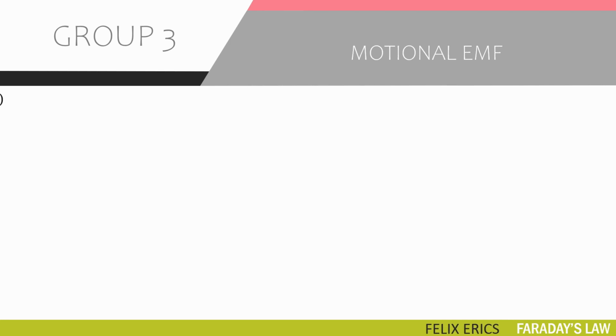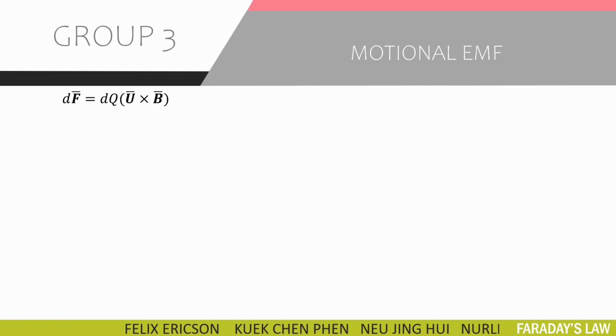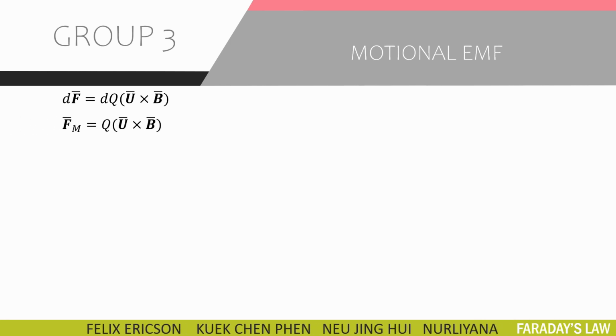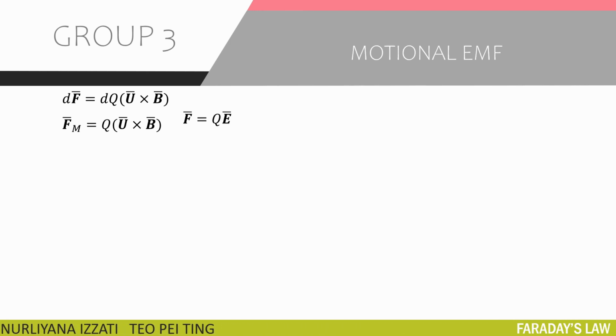To come up with the equation, first, we know that the magnetic force dF equals dq times the cross product of velocity and magnetic field. Then we have Fm equals q times the cross product of velocity u and magnetic field B. We also know that the electrical force F equals qE.